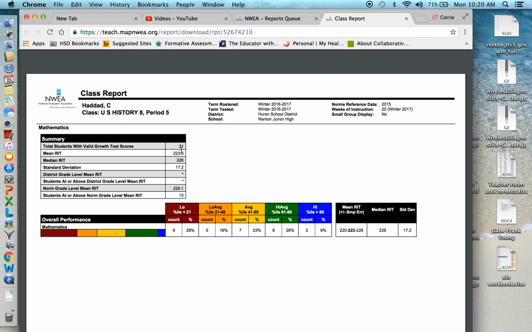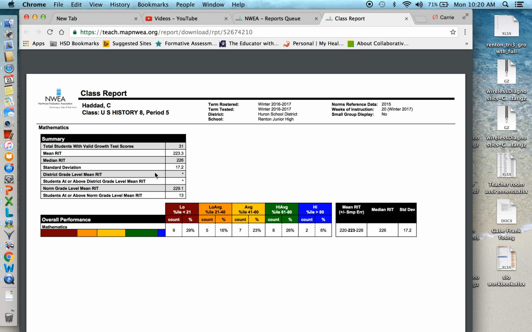Our mean is the average. The median is what the instructor told us is probably the more accurate picture of what most of your students are at, because outliers will throw your mean off. Now, the standard deviation is a really important number because the standard deviation shows you what your academic spread is.